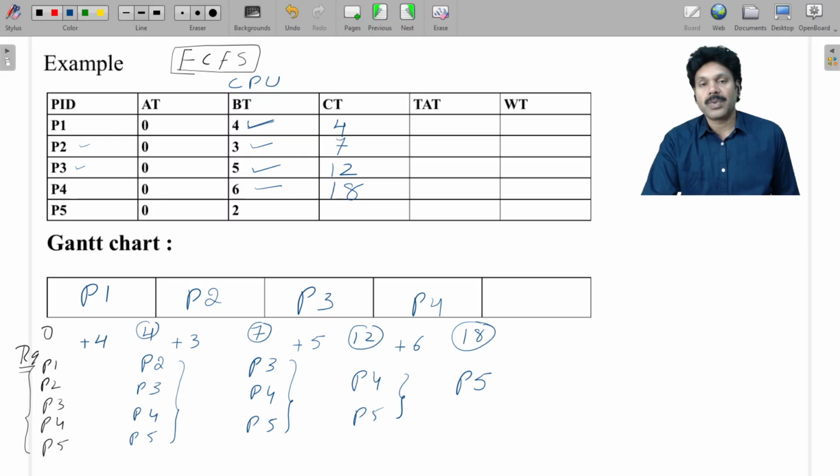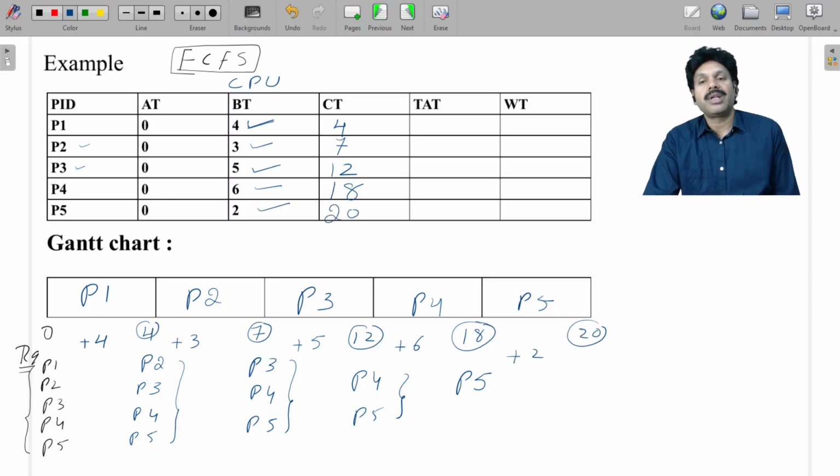But the generalized principle is that whenever the ready queue has only one process, there is no requirement of any CPU scheduling algorithm. CPU scheduling algorithms only provide fairness among the processes by choosing one process to send to the CPU. Now, P5 gets executed and P5 needed 2 units of time. So by 20, it is also completed.